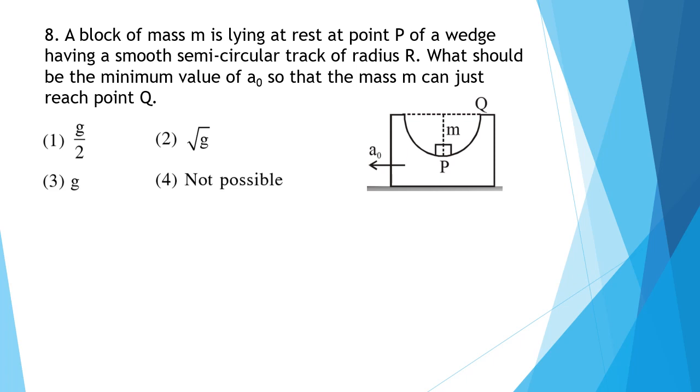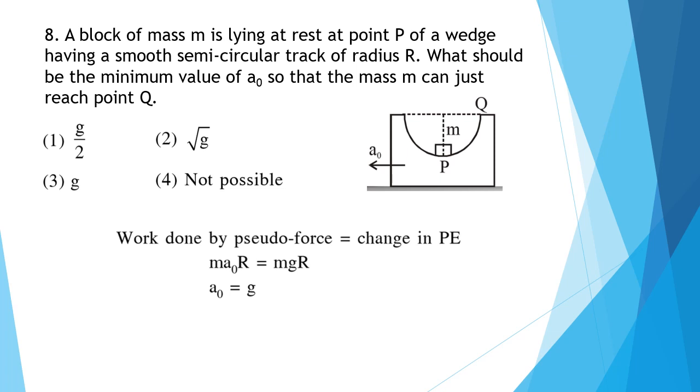Question 8. A block of mass m is lying at rest at point P of a wedge having a smooth semicircular track of radius r. What should be the minimum value of A0 so that the mass m can just reach point Q? Now in this case we know that the work done by the pseudo force should be equal to the change in potential energy.